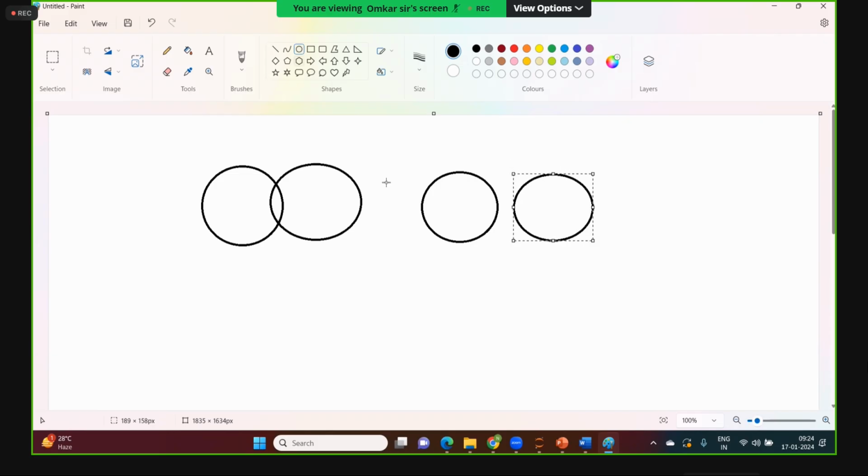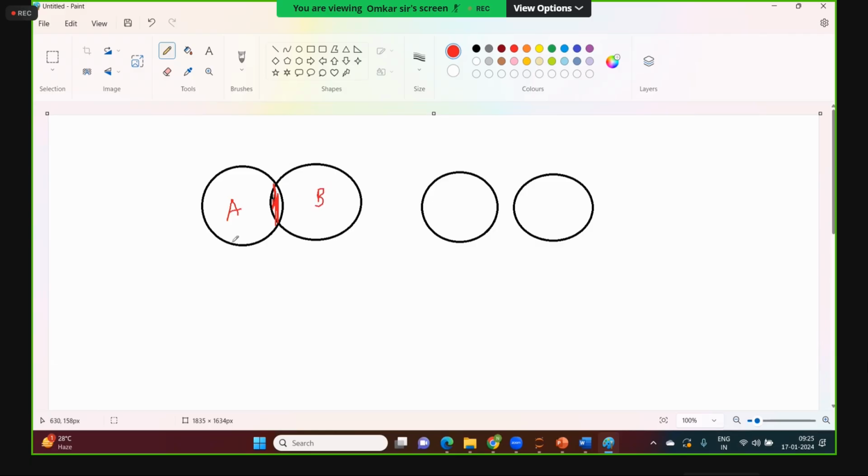There are two cases. In the first case, you will see some intersection point. This is A, this is B.